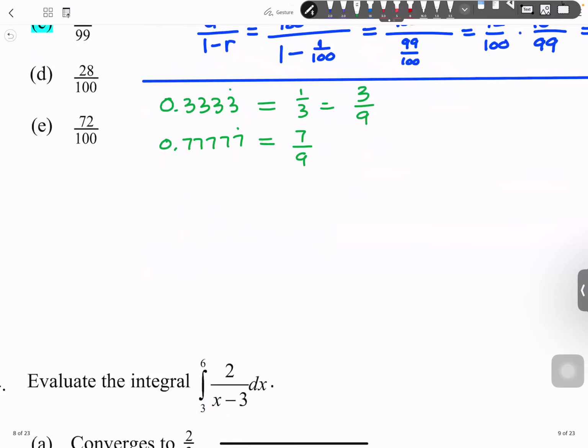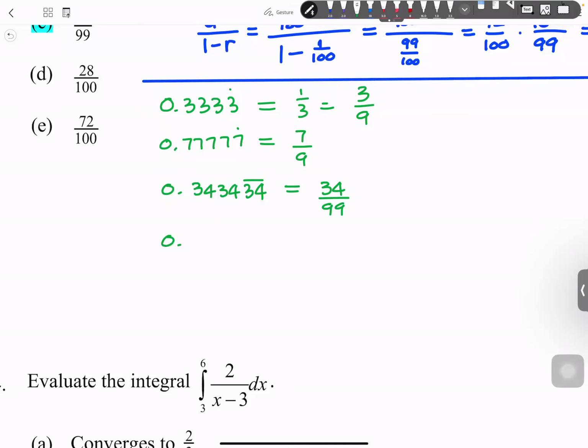What if you had a repeating decimal, but you had two repeating digits? 0. I don't know, let's say 343434. How do we write a repeating decimal that has two digits that repeat? You're going to take the repeating value and put it over 99, right?